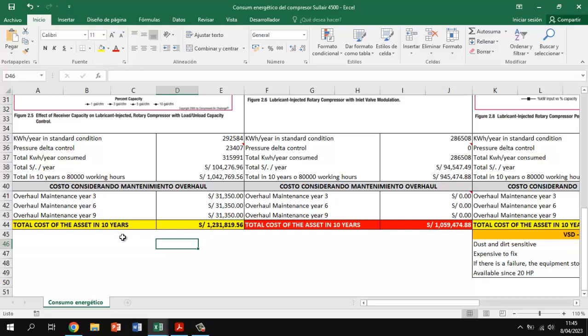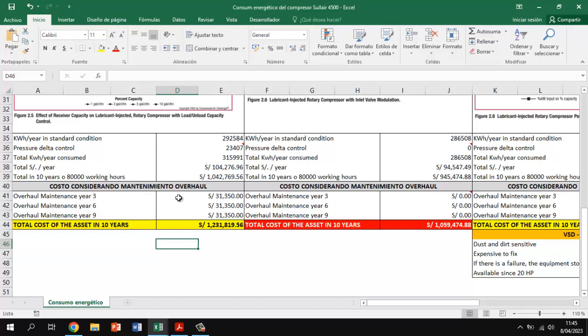But assuming that because we select a Schuler, you should analyze the Schuler. Normally, other brands tell you that you need overhaul maintenance every 3 years.